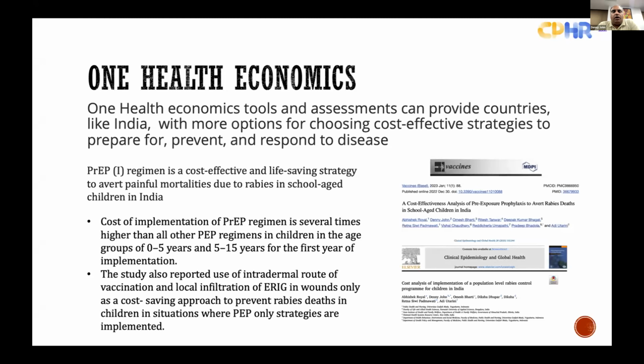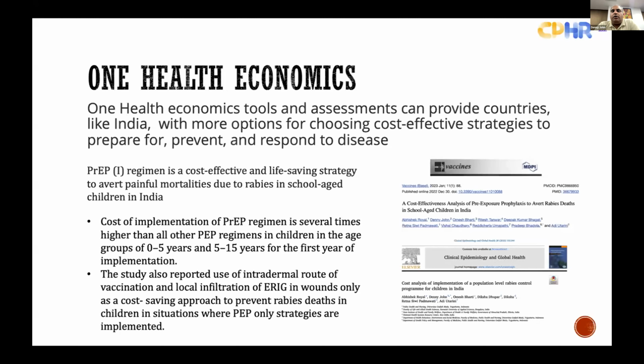And based on our cost-effectiveness analysis, it clearly shows that we used our economic model using a decision tree, and the pre-exposure prophylaxis regimen seems to be a cost-effective and life-saving strategy to avoid painful mortalities due to rabies in school-age children in India.